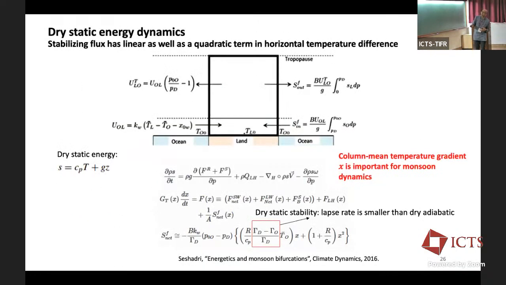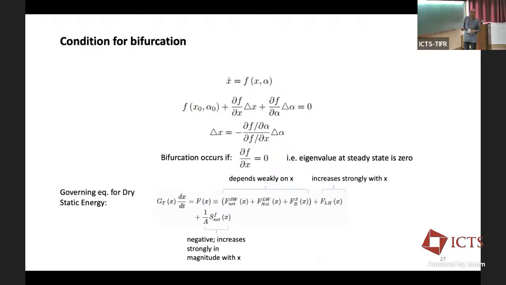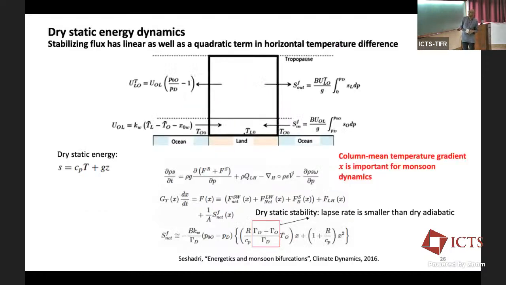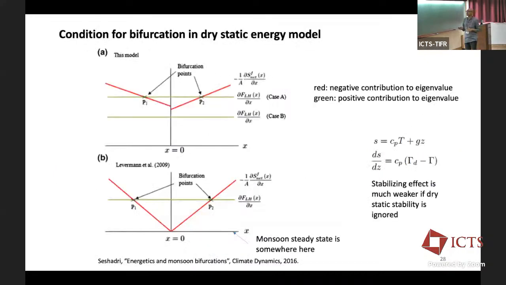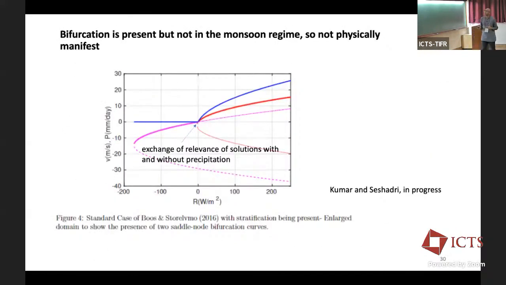And one comes to the same conclusions because the dominant balance in the dry static energy and moist static energy equations comes from the vertical stratification of these quantities, and the vertical stratification of both comes primarily from this effect, which arises because the vertical lapse rate of temperature is smaller than the dry adiabatic. And so they all basically export energy, and so you don't get a bifurcation in this regime.